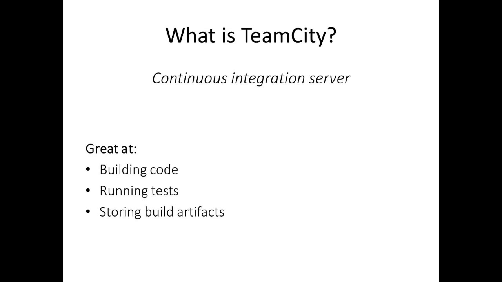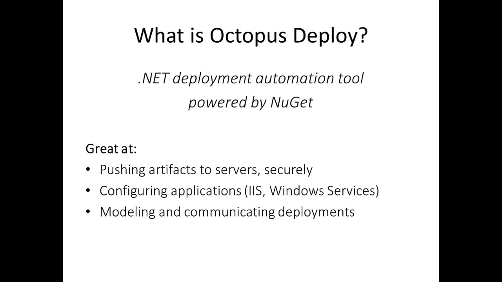Octopus Deploy kicks in where TeamCity leaves off. So what Octopus Deploy excels at is taking those artifacts that you've built, so the binaries, the asset files, and so on, and then pushing them up to your production servers, so web servers, application servers, database servers, configuring them locally, so making changes to IIS, setting up Windows services, running database scripts, and so on, and doing all of that in a way that allows you to easily model your deployment scenarios.